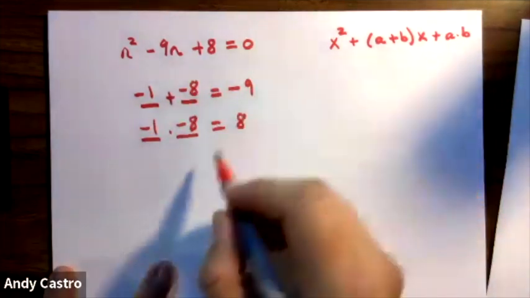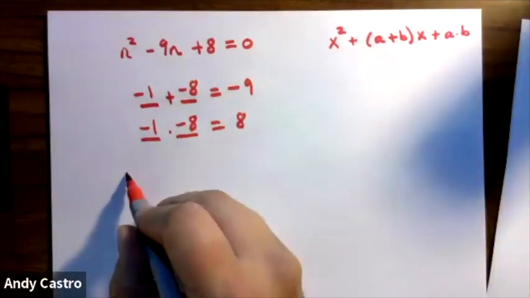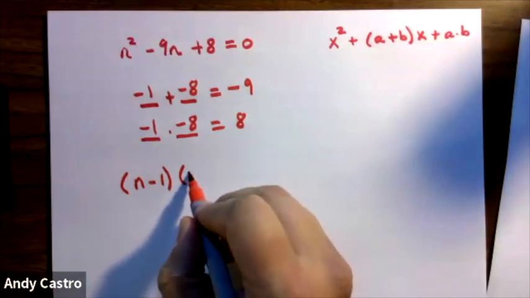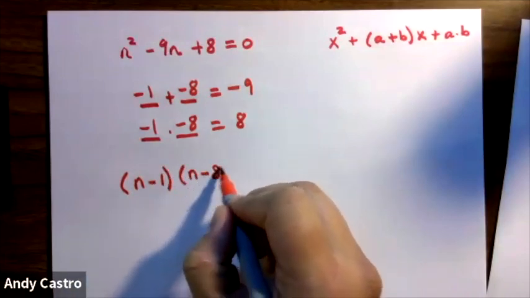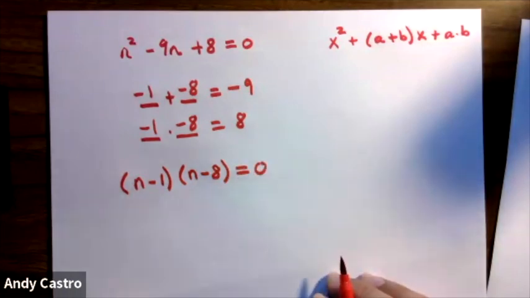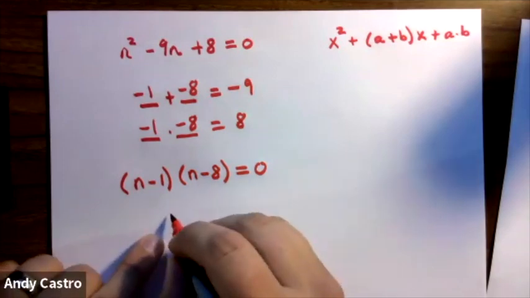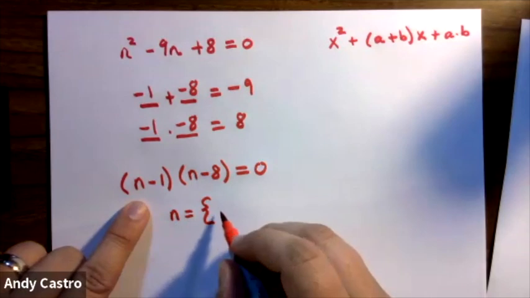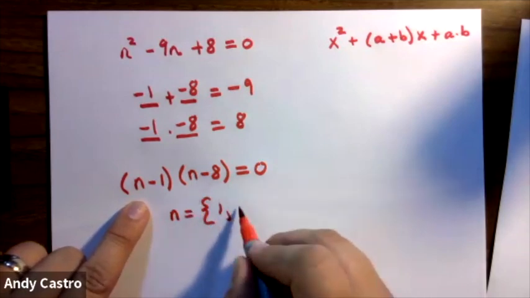So now I've factored this. This is n minus 1 times n minus 8. And if that's equal to 0, then n can either be positive 1 or positive 8.